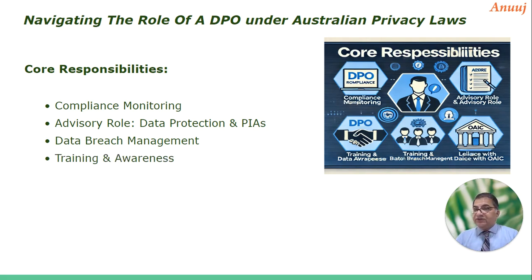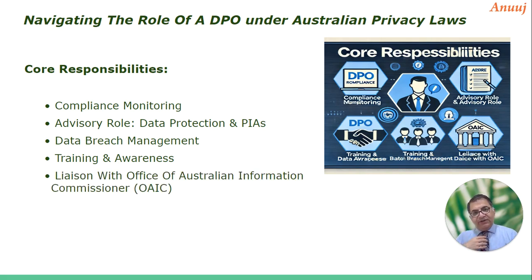As I mentioned about his communication skills, again comes a topic called training and awareness. He has to conduct training for the entire organization. He has to ensure that apart from the training done, a lot of awareness is spread in the organization about how the data protection is being handled. So then, training and awareness and his communication skills become very important for the organization.